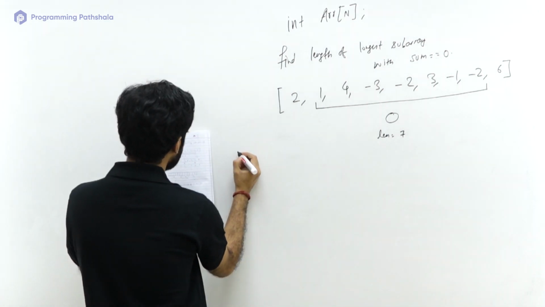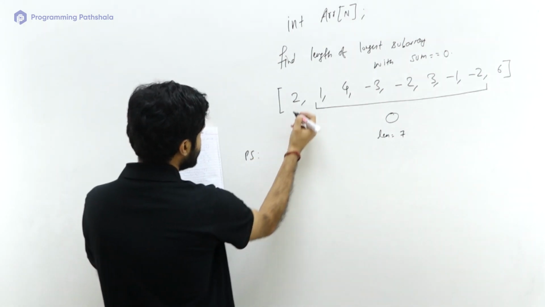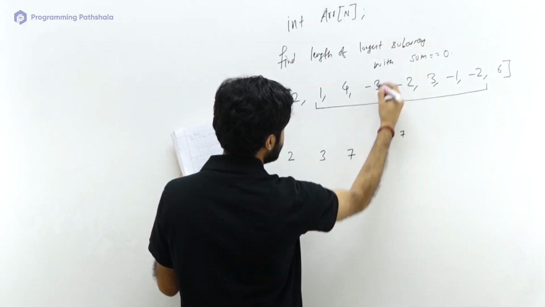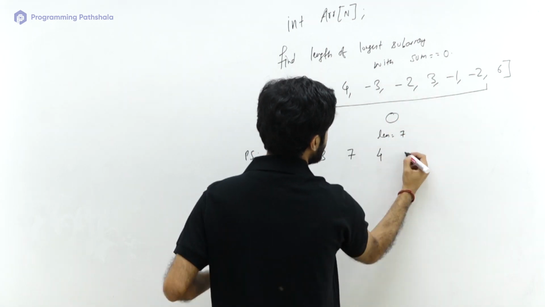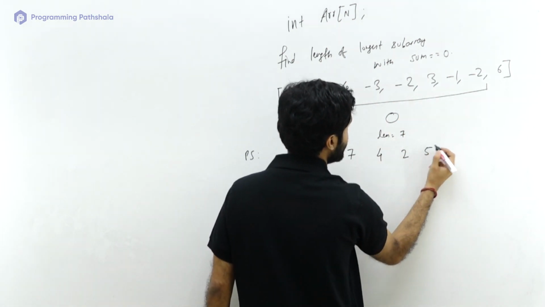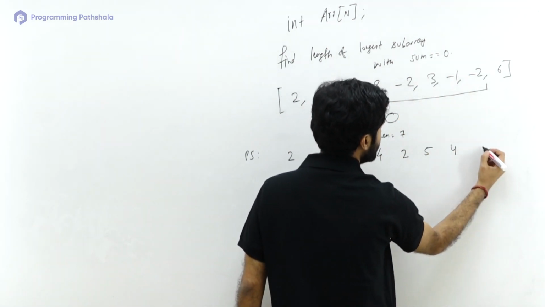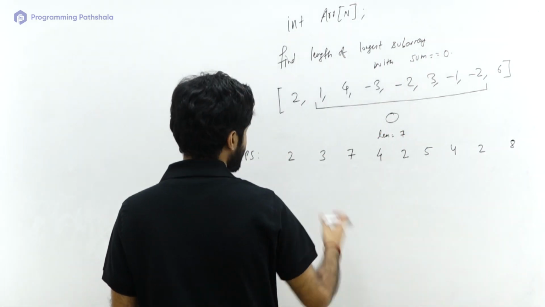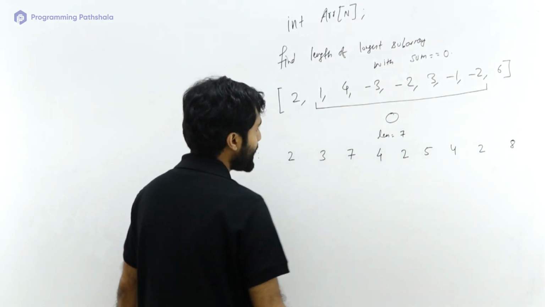So there are 2, then 3, 3 plus 4 is 7, 7 minus 3 is 4, 4 minus 2 is 2, 2 plus 3 is 5, and then you have 4, and then you have 2, and then you have an 8. So these are the different prefix sums that you have.